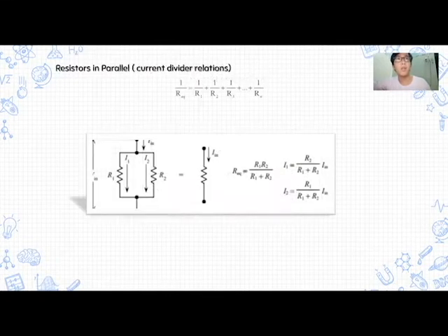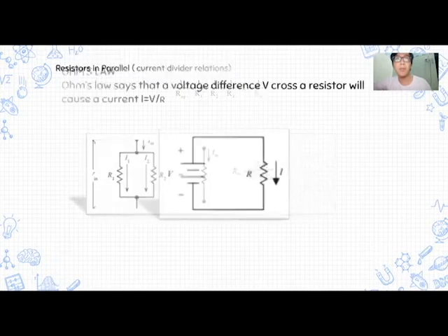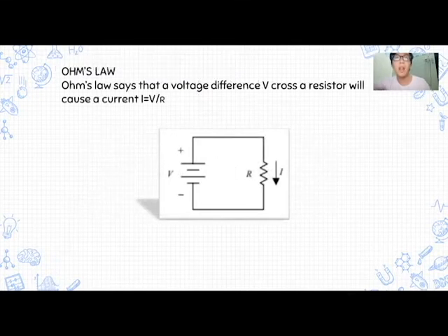For a parallel connection, the voltage across each resistor is the same, and the inverse of the equivalent resistance is equal to the sum of the inverse values of all parallel resistors. Next, we go on to Ohm's law.